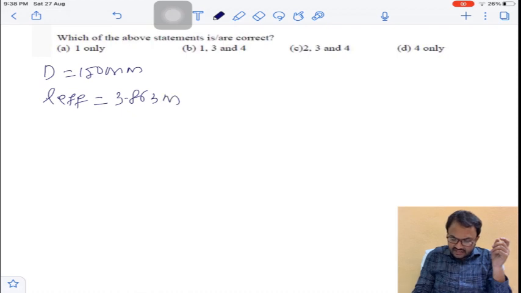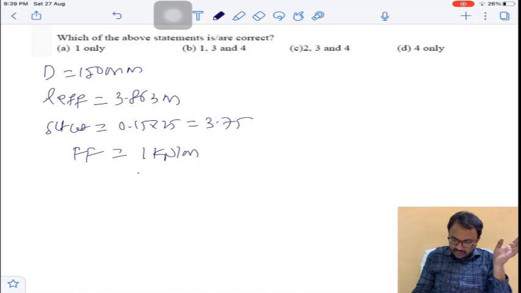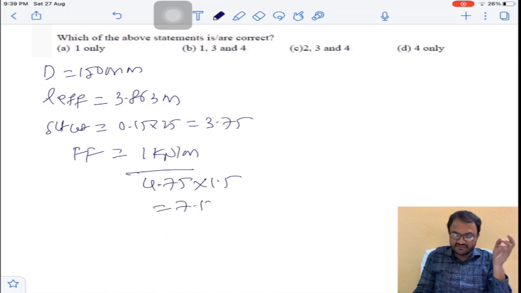And load calculation: self weight is equal to 0.15 into 25, it will be 3.75. And floor finish is equal to 1 kilonewton per meter. If he has not given any floor finish, you need to take it. And total will become 4.75. Just multiply it with 1.5, you will get 7.15. It is factored load, kilonewton per meter.